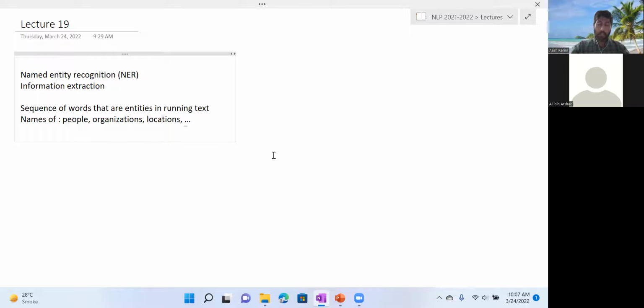In fact, the idea of named entity has been extended to numerous entities. In general, you can have finer grained entities. For example, you can even have dates. You can even have business names, so not just organization, but business names, or you can even think of cities.